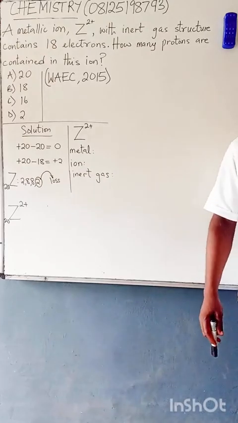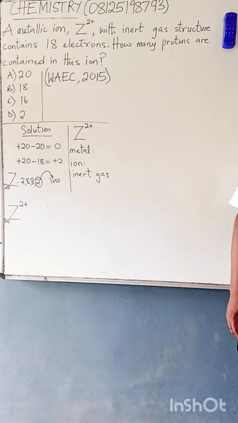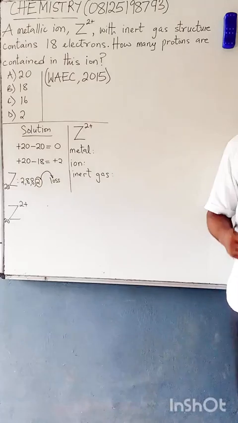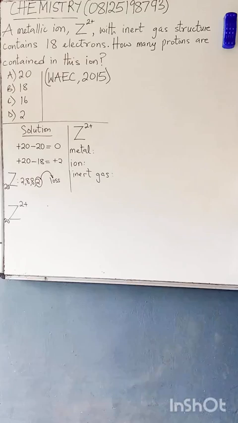A metal is an element which tends to lose electrons during chemical reactions.